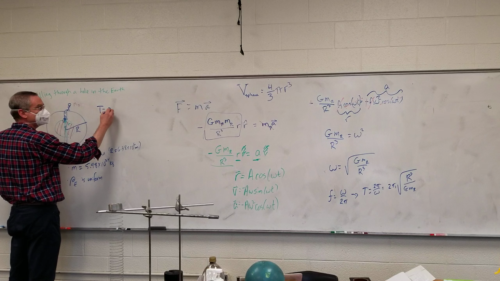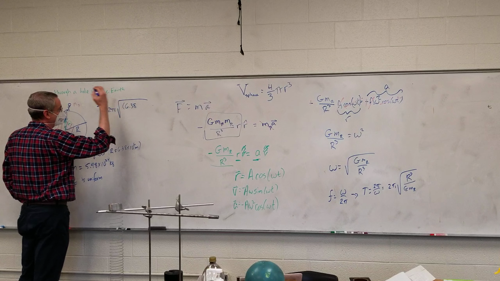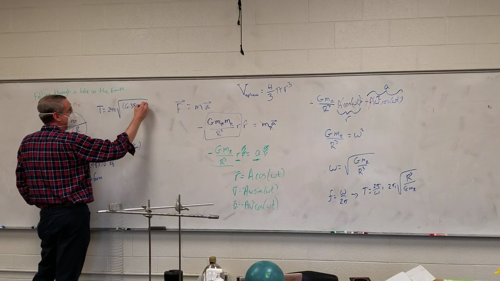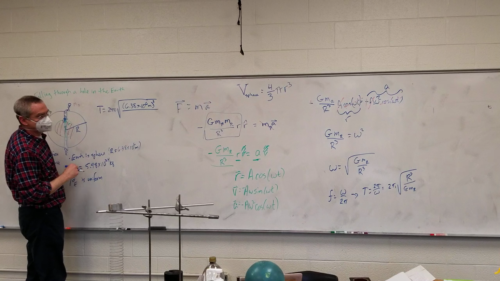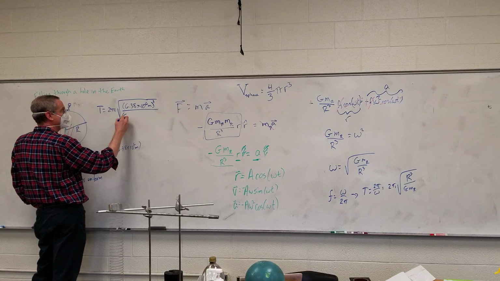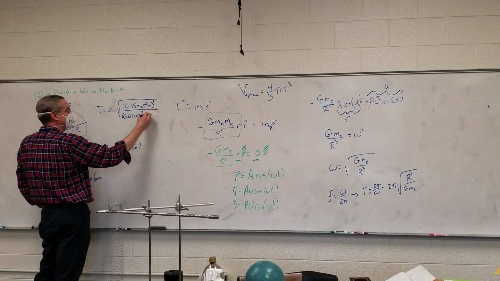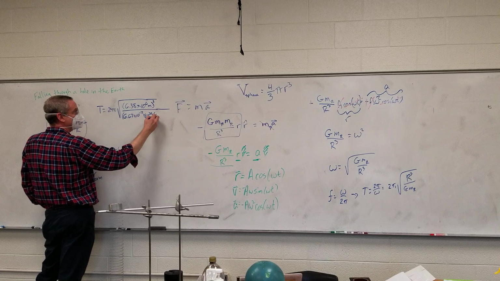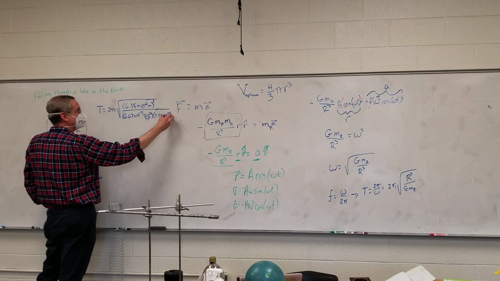So the period is two pi times the square root of the radius of the Earth, 6.38, or whatever planet this is, times 10 to the 6 meters cubed, divided by big G, which is 6.67 times 10 to the negative 11th newton meter squared per kilogram squared, times the mass of the Earth, 5.98 times 10 to the 24th kilogram.